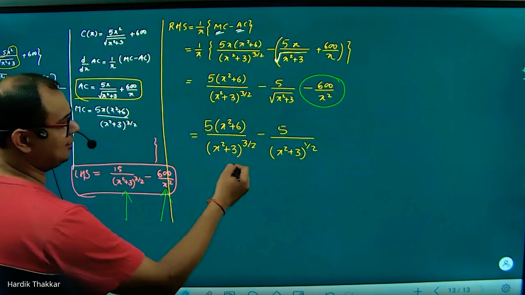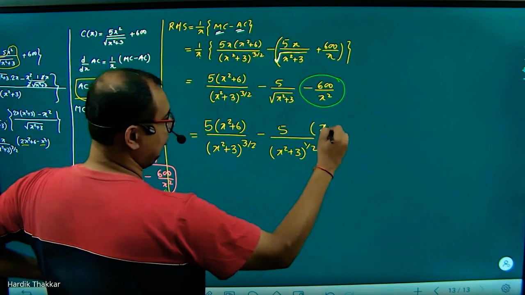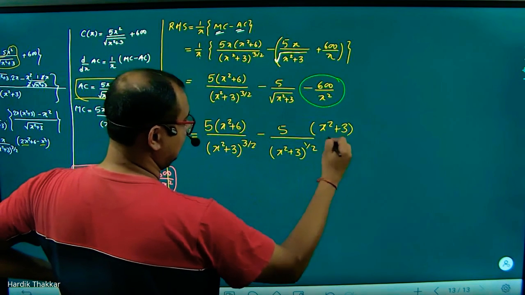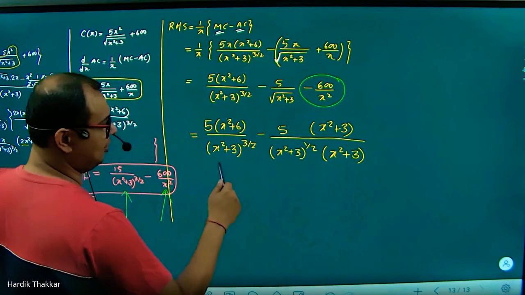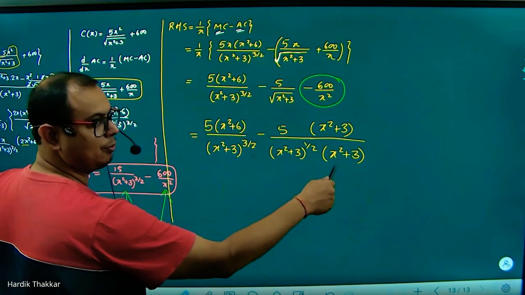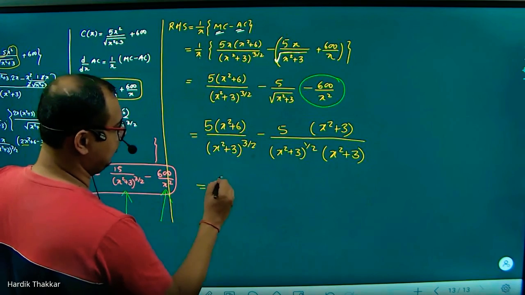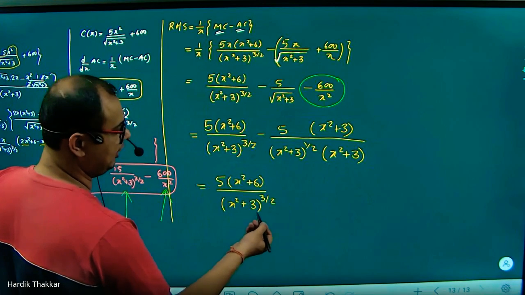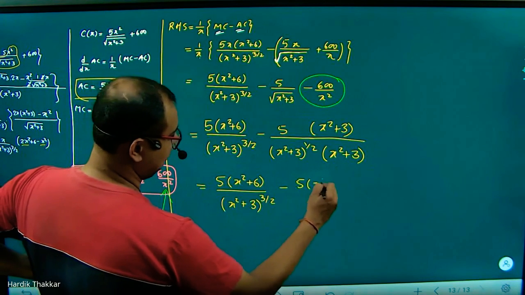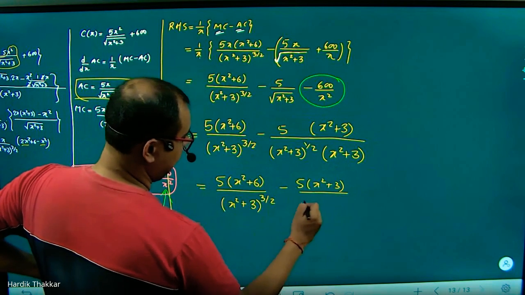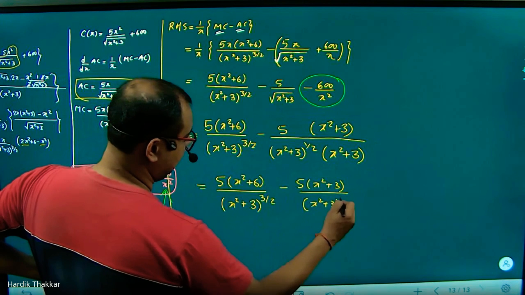Just multiply x square plus 3 in numerator and denominator both sides, because this term also has power 3 by 2. The first term already has x square plus 3 whole to the power 1 by 2, so we will not multiply it there. Here it will be divided by x square plus 3 whole raised to power 3 by 2.